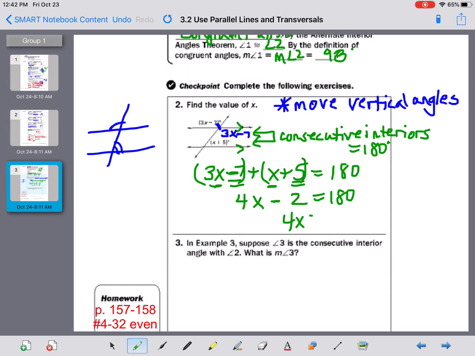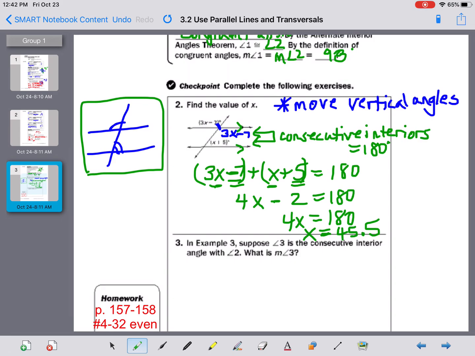I can add 2, divide by 4, and I get a decimal, and that's okay. It's possible. I get x equals 45.5. But I had to move that vertical angle to make my two angles have a relationship that I know something to do with. So the original angles out here, those two did not have a relationship, so I had to move an angle to get a relationship.